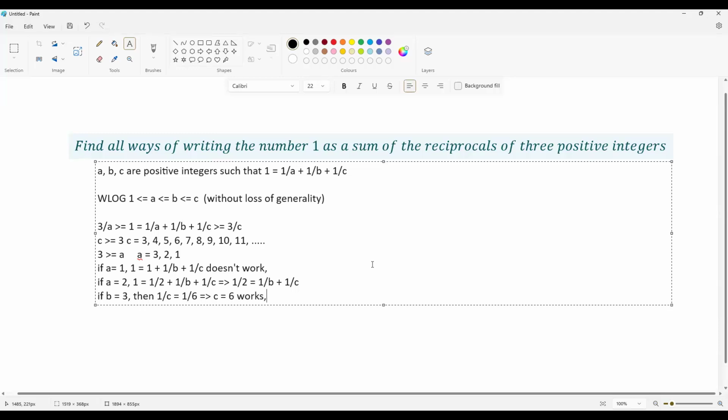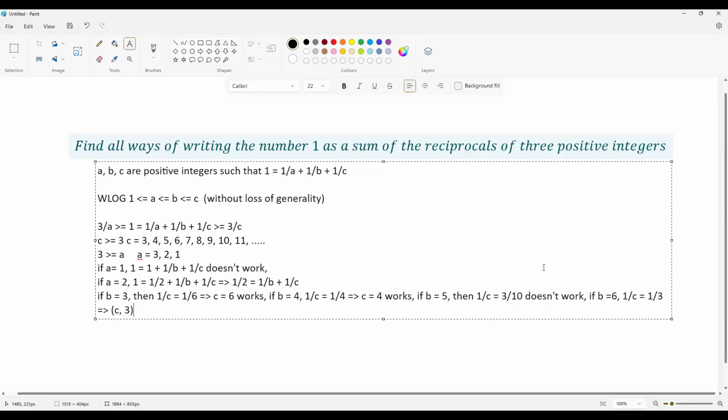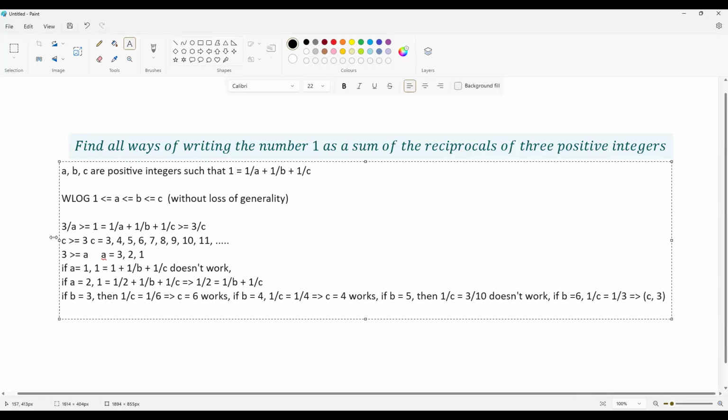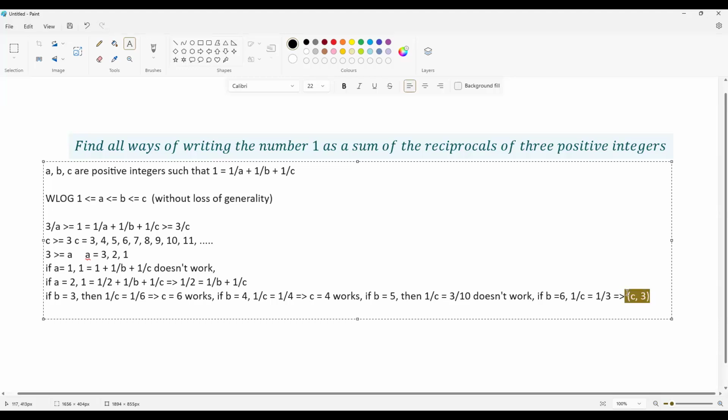That works. What if B is equal to 4? Then 1 over C is equal to 1 over 4, which implies C is equal to 4. Also, if B is equal to 5, then 1 over C is equal to 3 over 10. Doesn't work. And B equal to 6, 1 over C is equal to 1 over 3, which means C is equal to 3. That works, right?